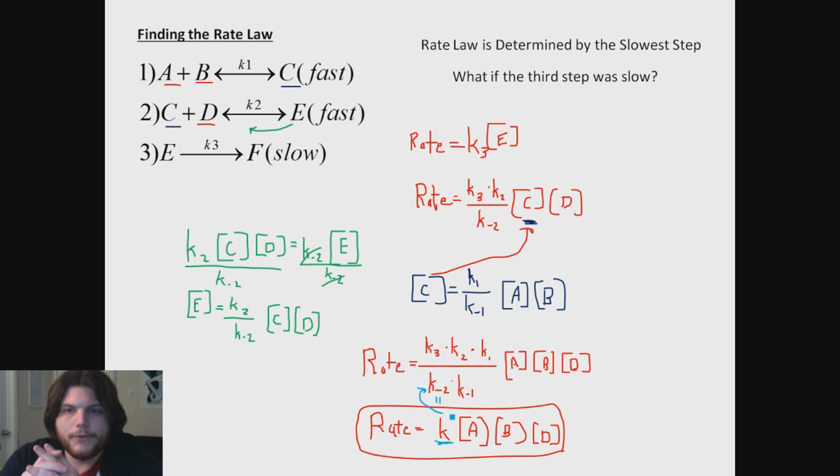If you get confused by the chemistry, just break it down to its most simple elements, A's and B's and C's. No matter what you're looking at, you should be able to find what's a reactant, what's an intermediate, what's a product. Then figure out which step is rate limiting, rate determining, so the slowest step, and figure out your rate law from that, and plug in the chemicals after that. You don't have to worry about all these chemical reactions occurring while you're trying to figure out the rate law.